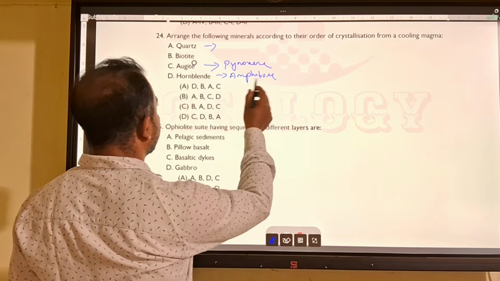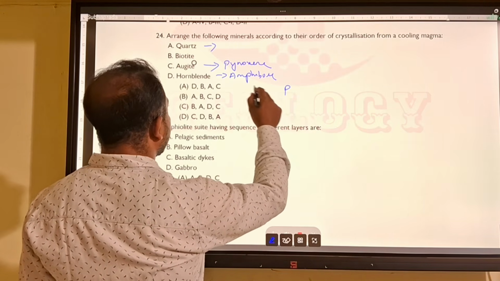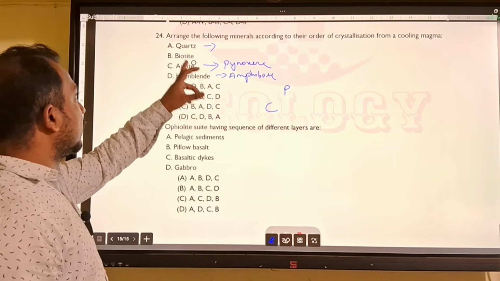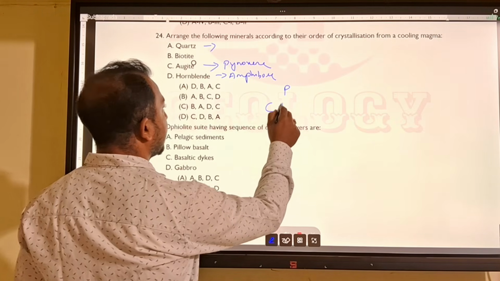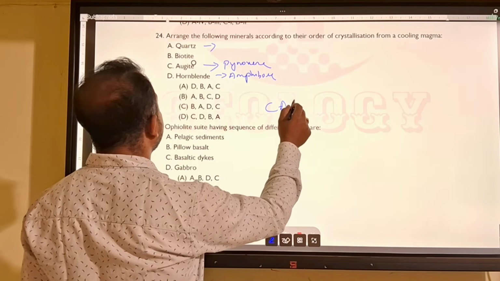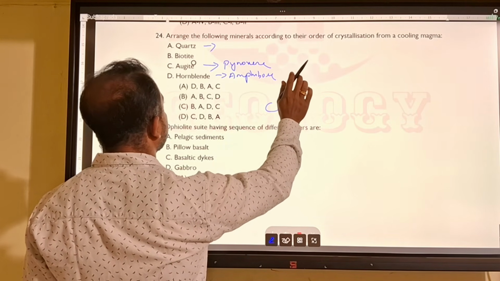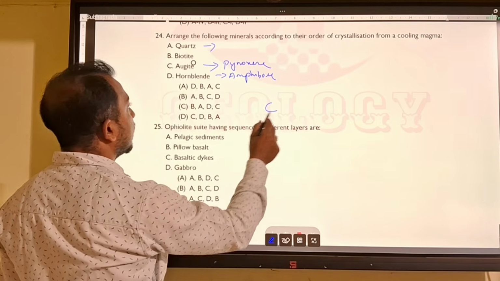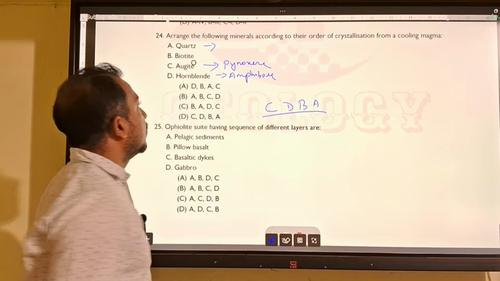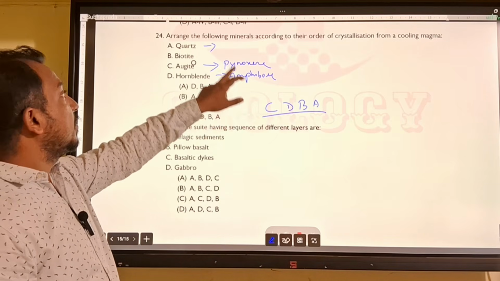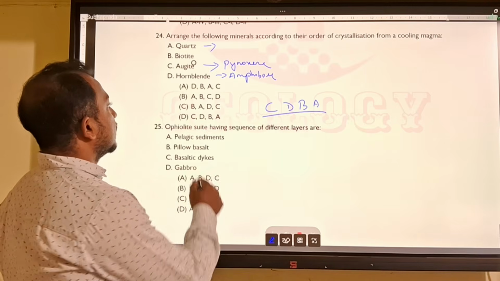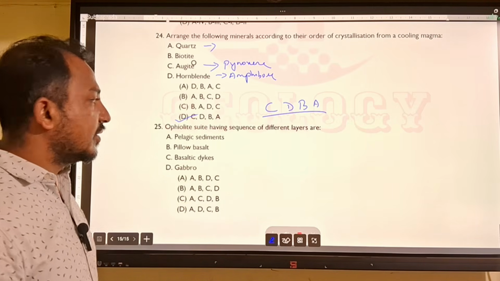So we will take from pyroxene, that is C. Then your amphibole, then biotite. C, D, B, A. First there will be pyroxene, then amphibole, then biotite, then quartz. C, D, B, A. Option D will be correct.